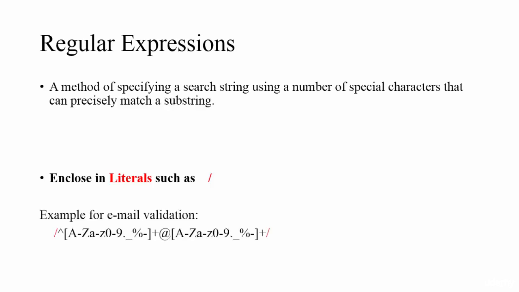You know that the email must contain the at the rate sign. So before adding any regular expression, you have to add a forward slash, which in this case is in red color on the screen, and you also have to put a forward slash at the end. So everything between these forward slashes will be your regular expression. And this forward slash is called a literal.